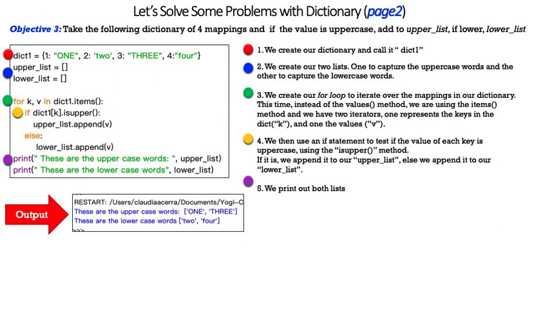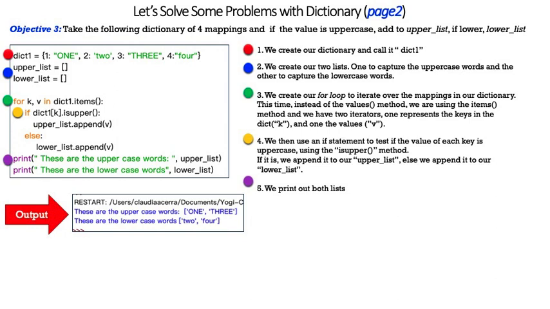We then create our for loop to iterate over the mappings in our dictionary. This time, instead of using the values method, we're going to use the items method. And we have 2 iterators this time. One represents keys, that's k, and the other represents values, and that's the v. We then use an if statement to test if the value of each key is uppercase using the isupper method.